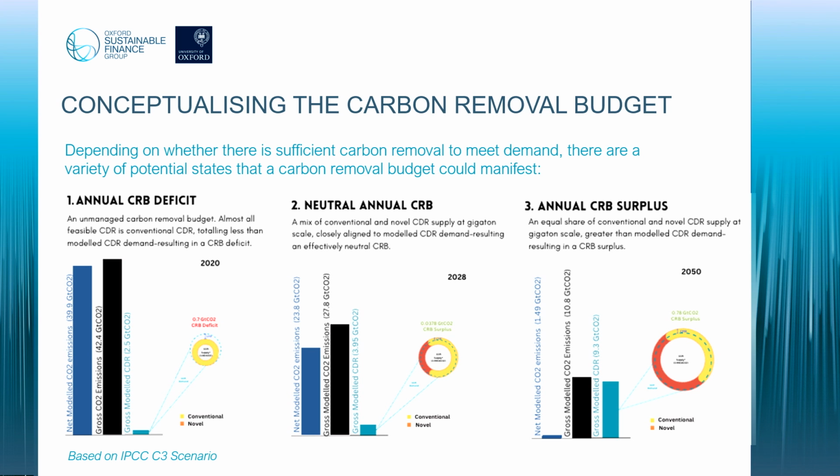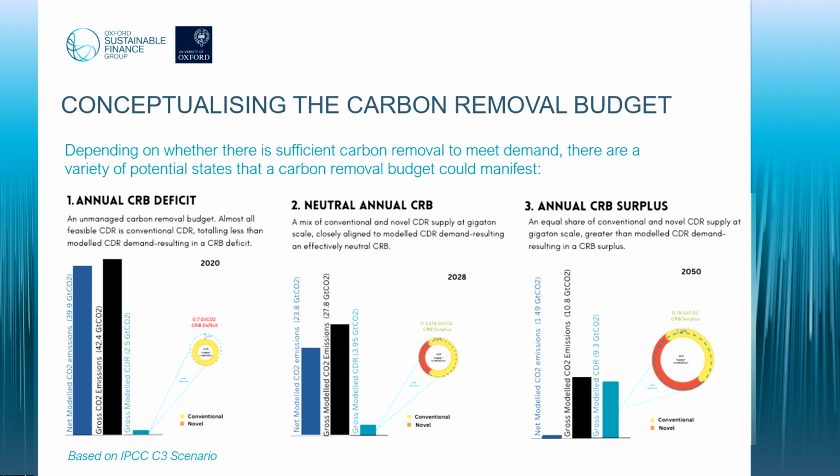Just wanted to flag about how we can conceptualize such a carbon removal budget, and really to illustrate that there are three kind of key states you could find a carbon removal budget in. The first, and much more common, is a carbon removal deficit. And so this is where the demand you're placing on the global carbon budget is actually at odds with the level of carbon removal budget supply that you have secured. If everything is balanced, you would have a state of a neutral carbon removal budget.